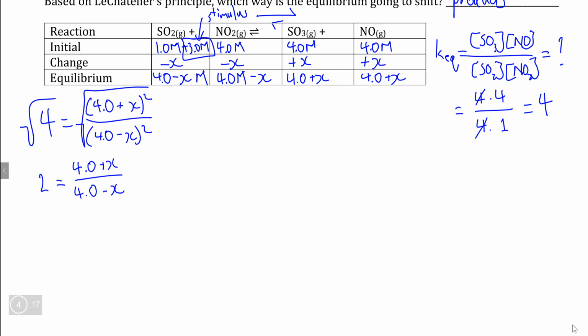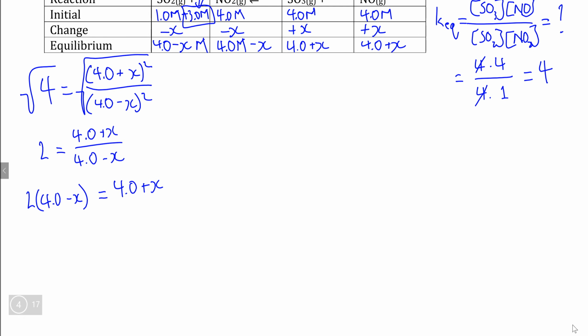So we're going to multiply both sides by the denominator, so 2 times (4.0 minus X) is equal to 4.0 plus X, and then we can simply expand this outward and then move X to the same side and all of our constants to the other side. So let's go ahead and do that. So we have 8.0 minus 2x is equal to 4.0 plus x.